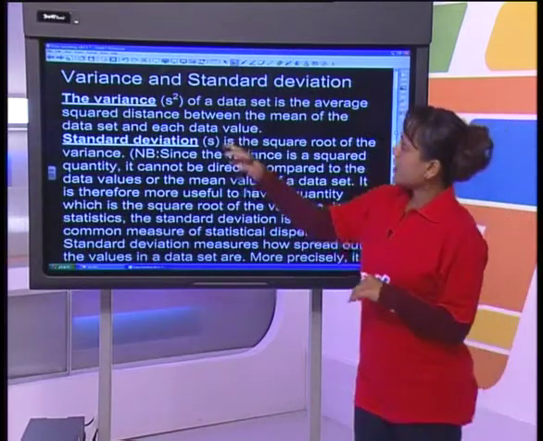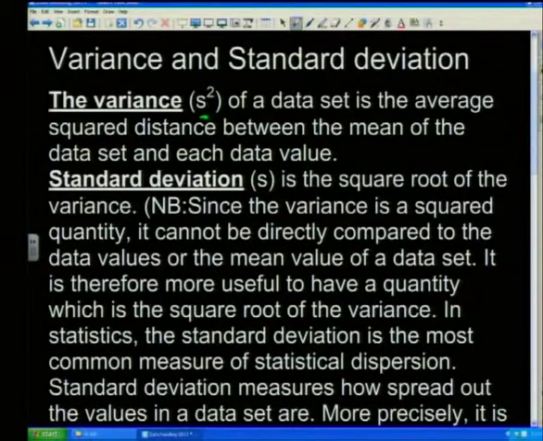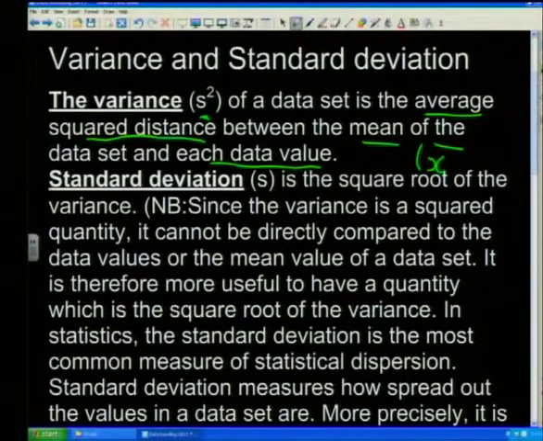The variance, which we use S squared to represent, is the average squared distance. That's going to sound a bit confusing, but I'll show you what we mean. It's the average squared distance between the mean of the data set and each data value. So we're going to take xi minus x bar.